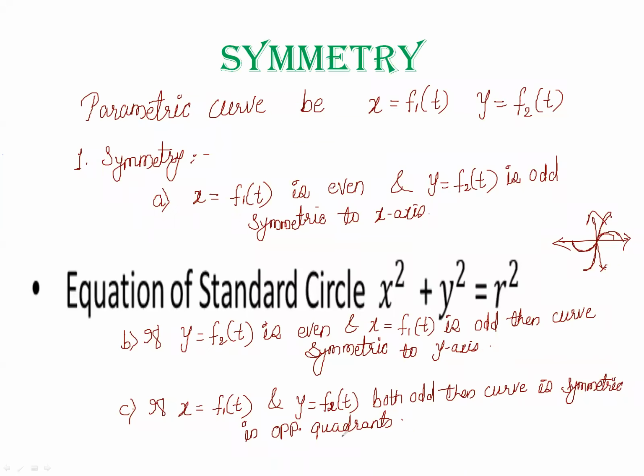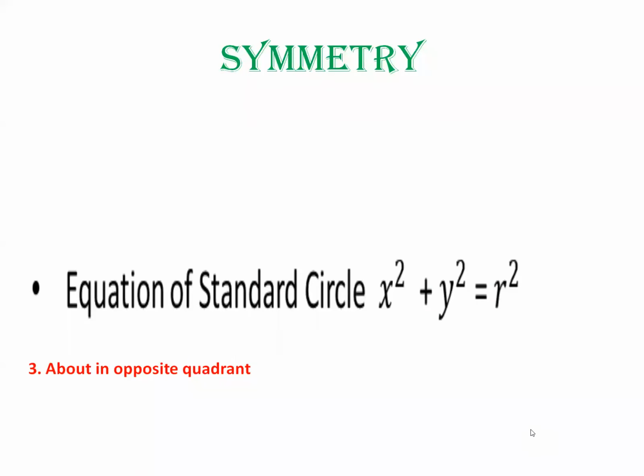Now after this, just clearing all my drawing. So how to check that? Let it be that origin. How to check that curve that x is even or y is even?